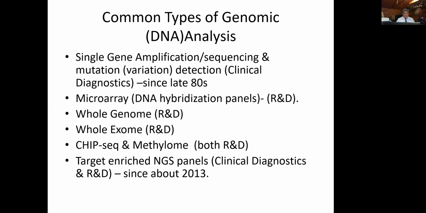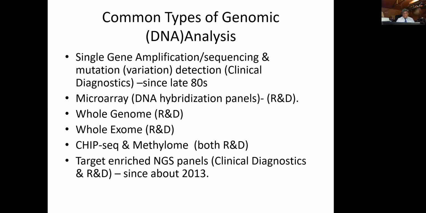So in this slide, I'm going to talk about several common types of genomic DNA analysis, starting with the historically oldest invention around about the 1980s, where clinicians used single gene amplification and sequencing of the mutation and variation to detect DNA damage that results in a disease.